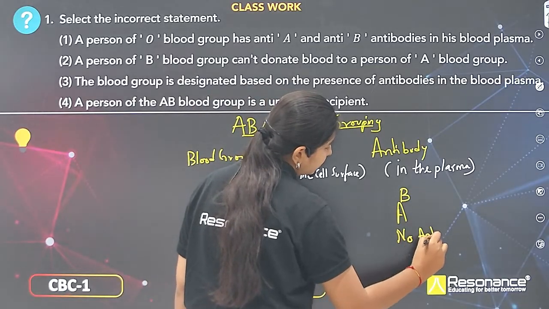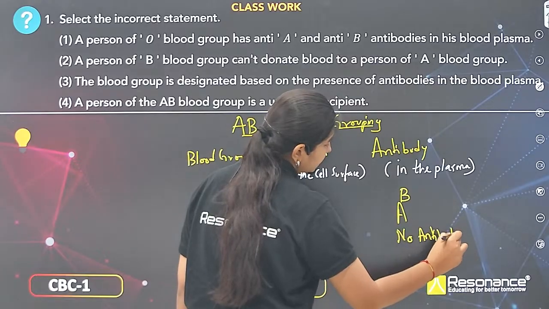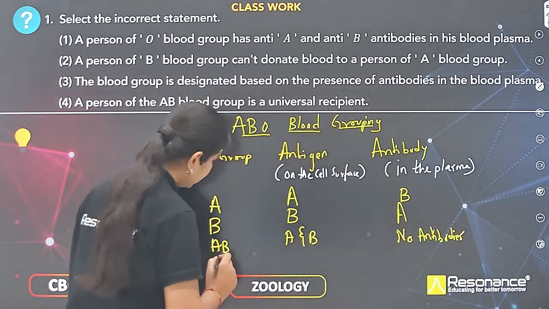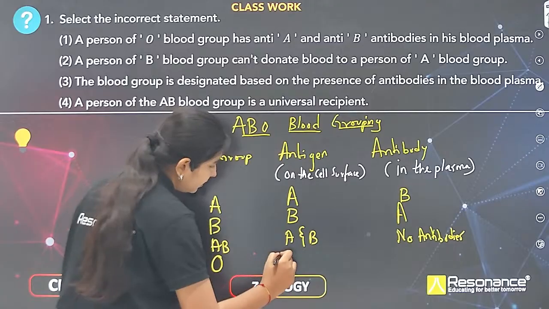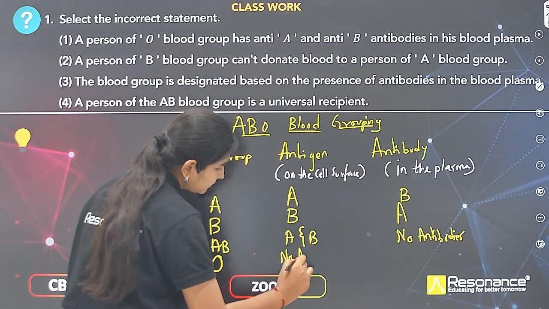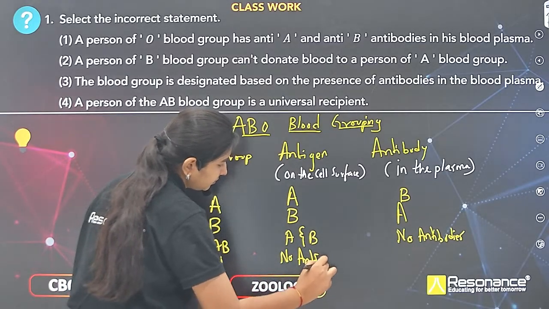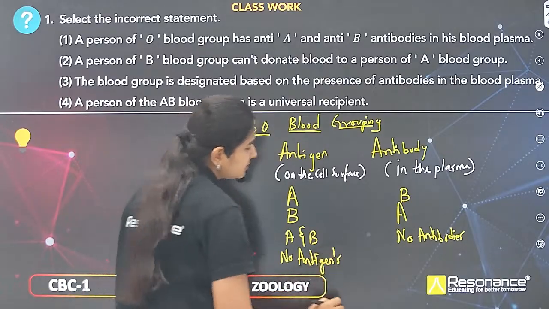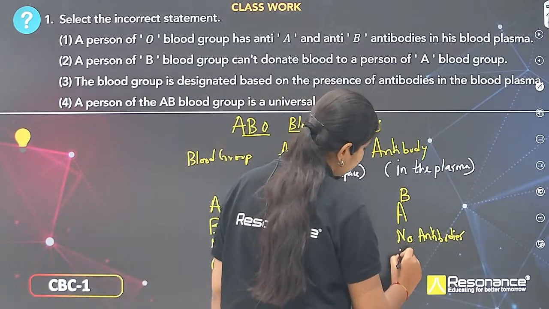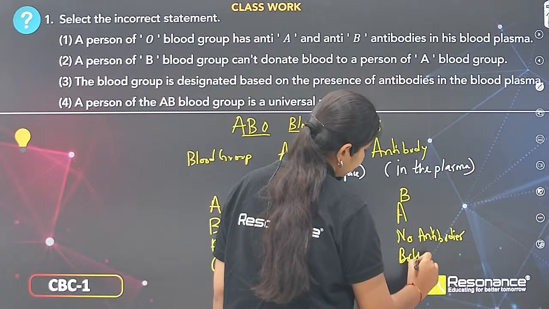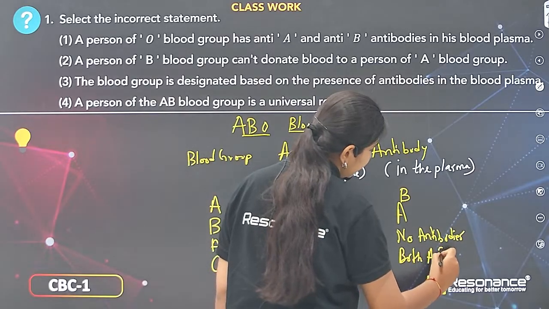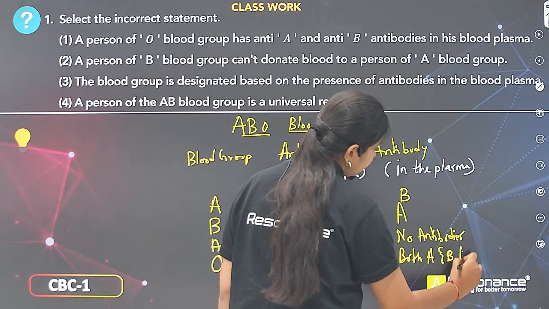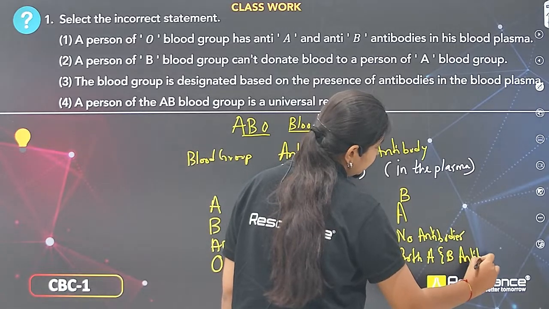No antibodies, right? Next, why it is called the O blood group? Because of no antigens, and how many antibodies? They have both A and B antibody.